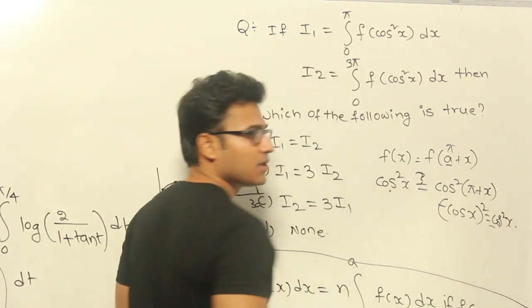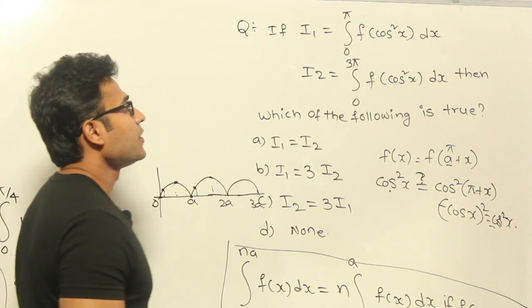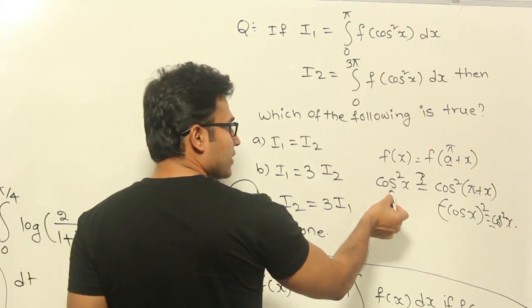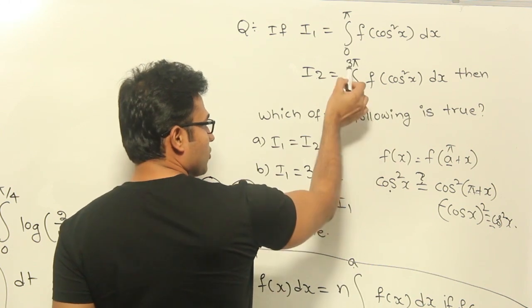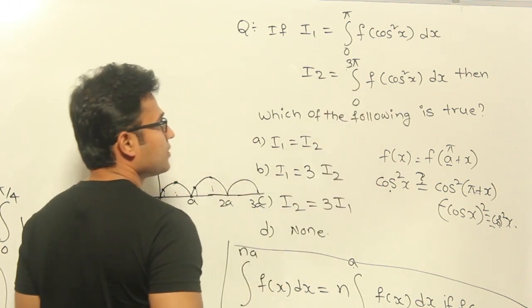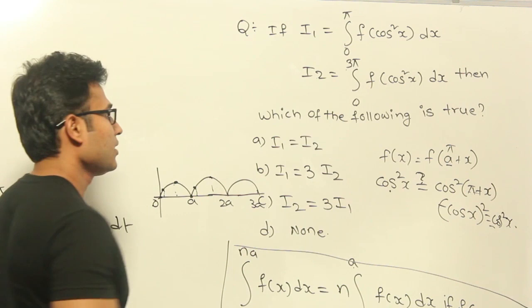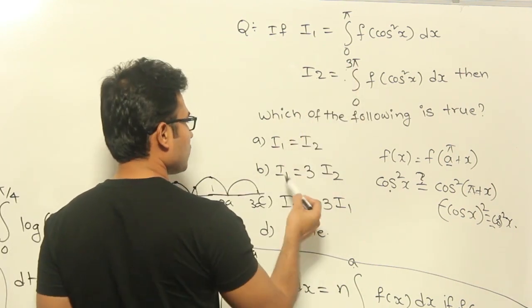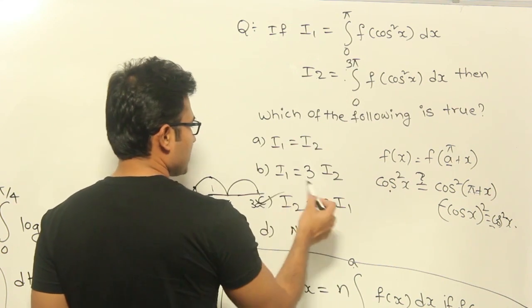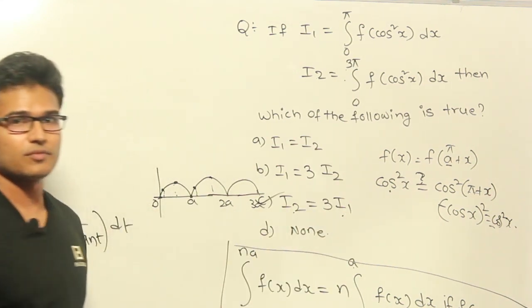Yes, both are equal. Therefore definitely we can substitute it. So if it is from 0 to 3 pi, you could write it as 3 into the integral from 0 to pi, which means I2 can be written as 3 into I1. So this is the answer.